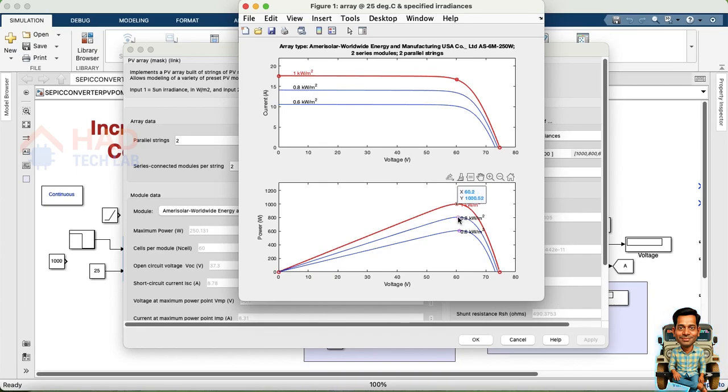Similarly, for 800 irradiance level, we get nearly 807 watts at the voltage of 60.68. For 600 irradiance level, we get nearly 609 watts at the voltage of 60.952 volts. Here the temperature is kept constant at 25 degrees Celsius. So we can clearly see how the output power drops when the irradiance decreases.